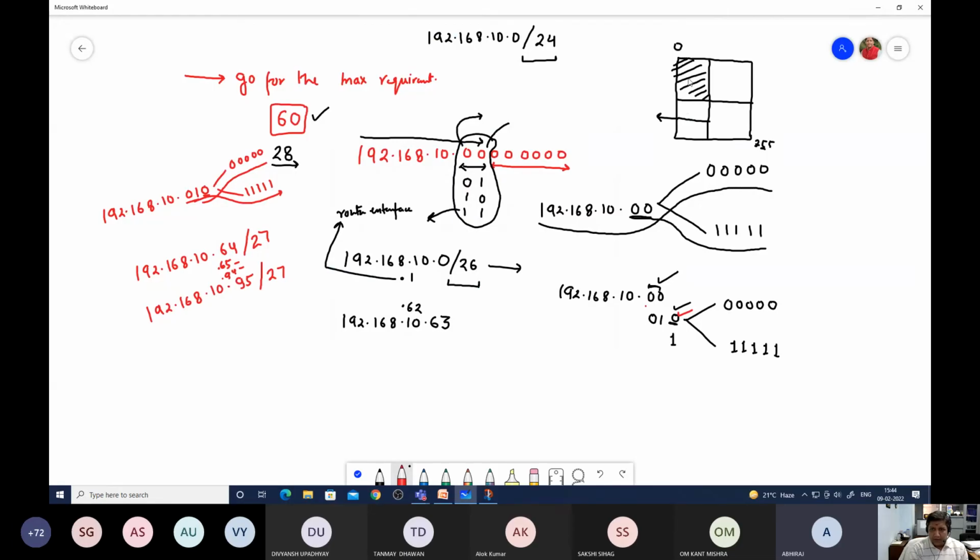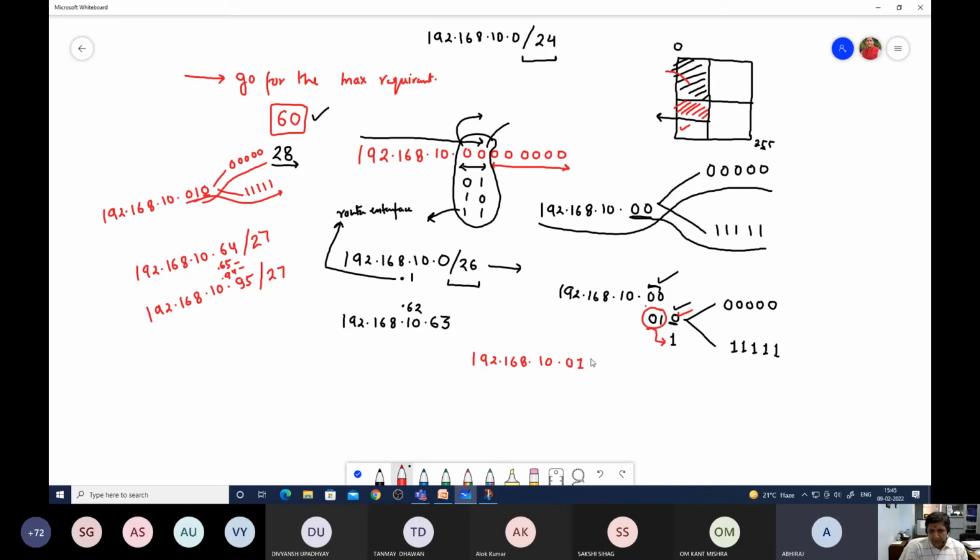So you can see this is assigned and this is also assigned. What is remaining? This is remaining. So now we'll take the next combination. 192.168.10.00, then 0 we have taken, sorry, 01 we have taken.